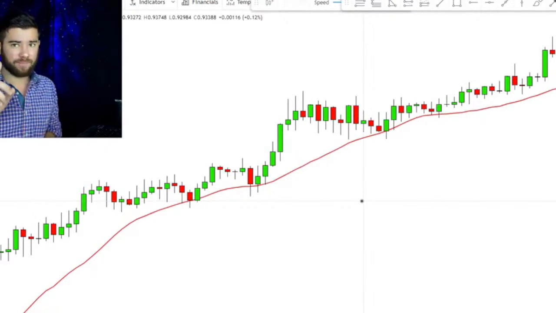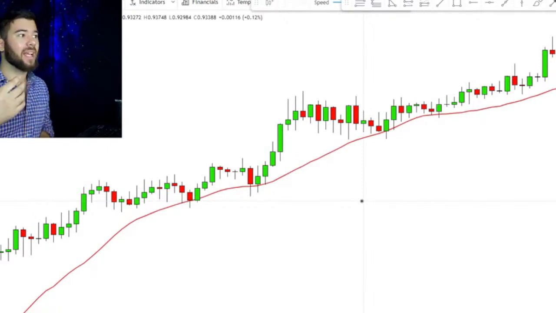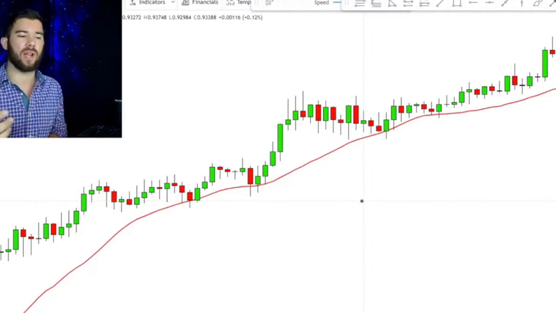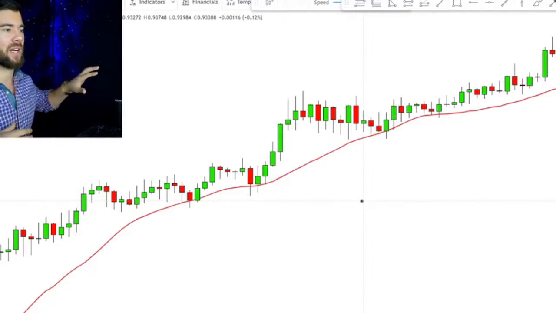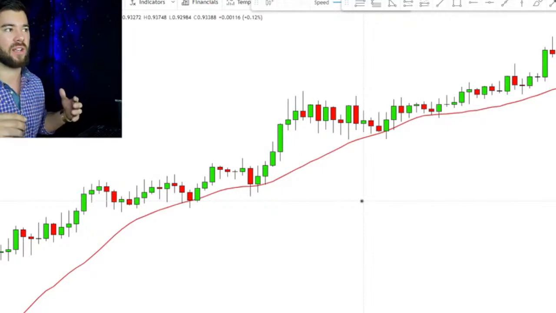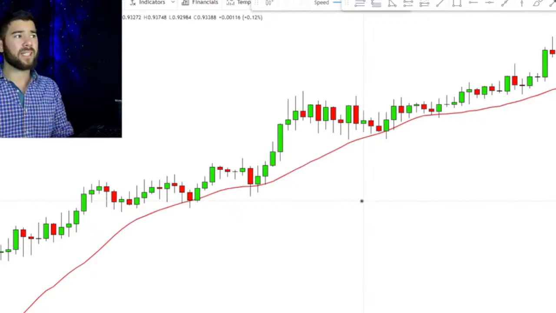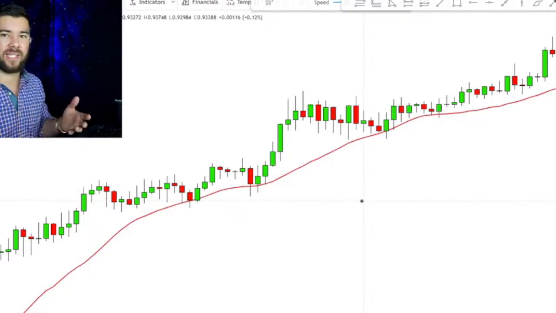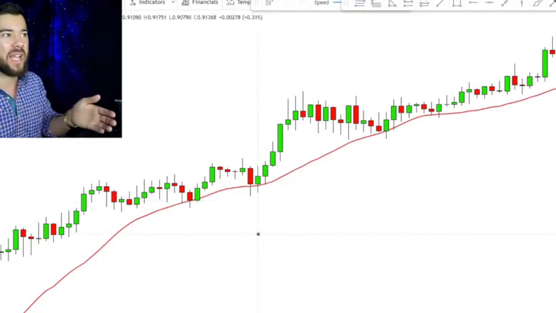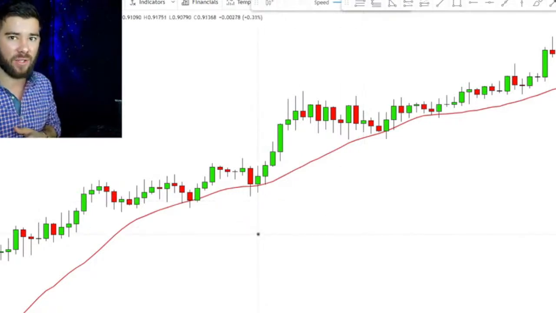The first way that I like to use moving averages is to help me define trends. So earlier in the video, we talked about candlestick charts and defining trend with swing highs and lows. As I said about indicators earlier, though, indicators are there to help you clarify what price is actually doing. So a moving average is a great objective way to define trend.